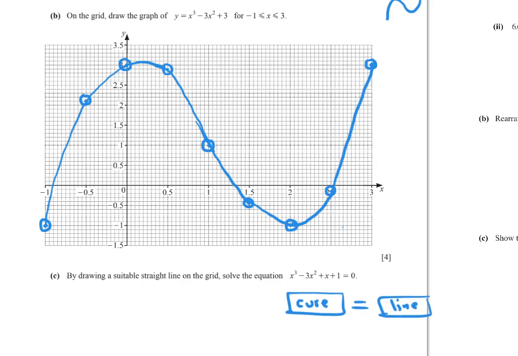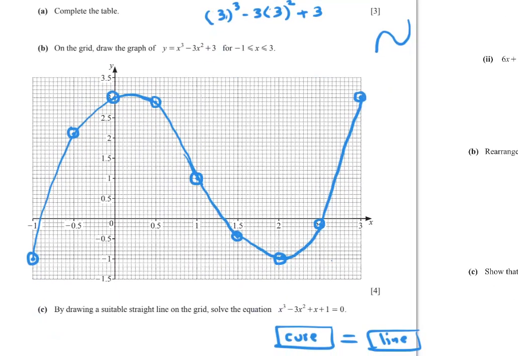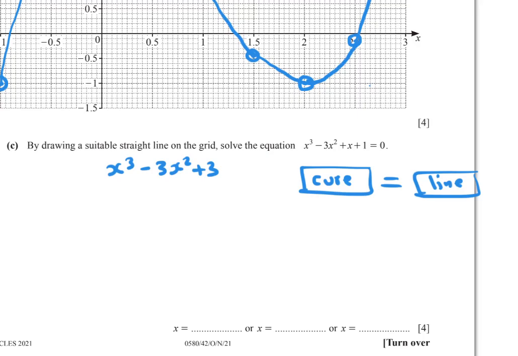The curve is x power 3 minus 3x power 2 plus 3. Now in this equation we have x power 3 and negative 3x power 2, so keep them and transpose x and 1 to the other side.